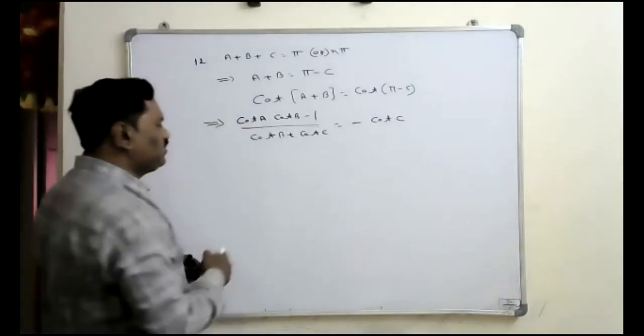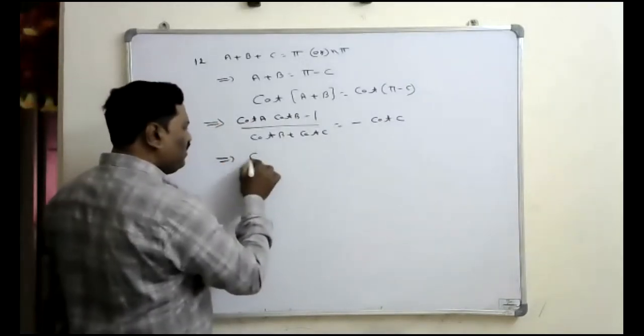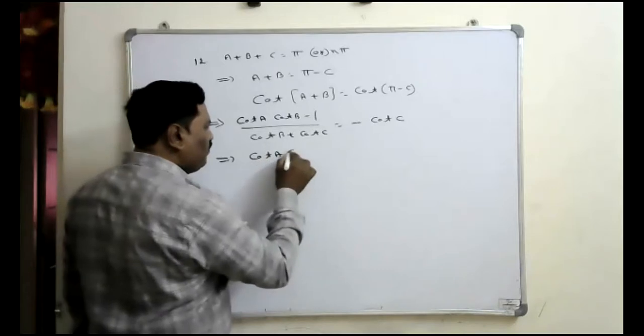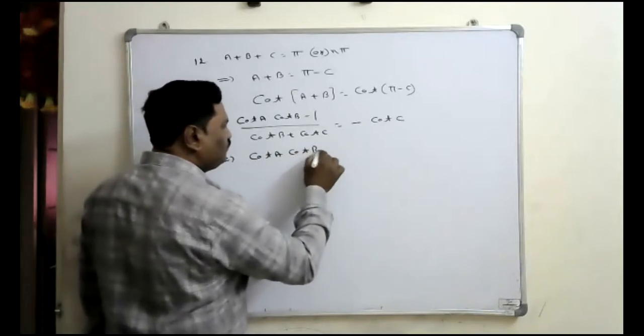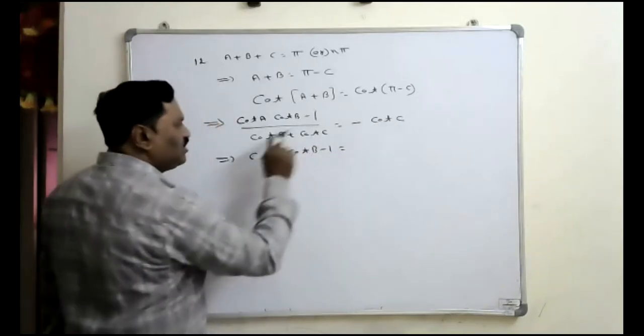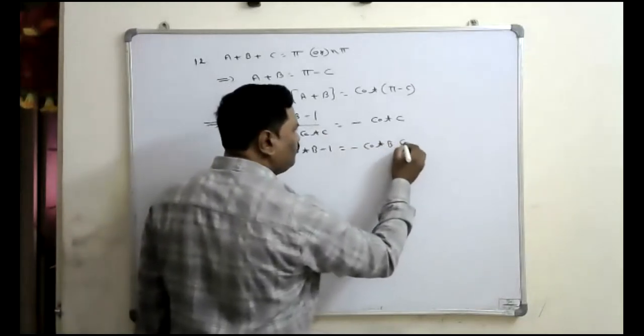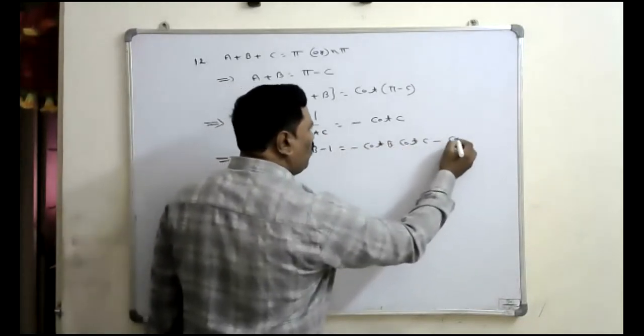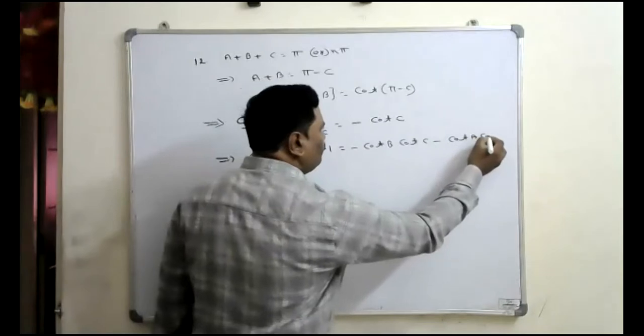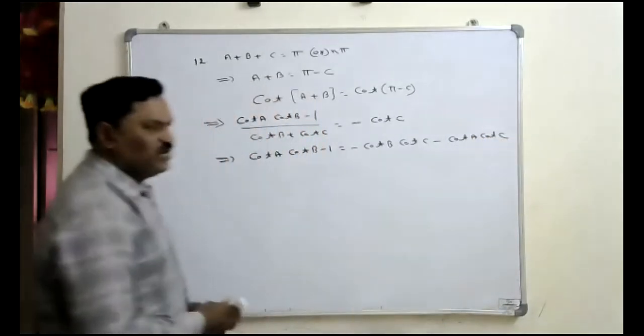Then we will do the cross multiplication. Then we will get cot A cot B minus 1 is equal to minus cot C into cot B, that is minus cot B cot C, then minus cot A cot C. This is what we will get.